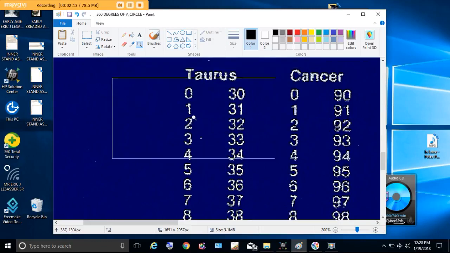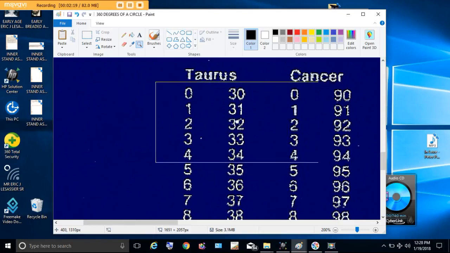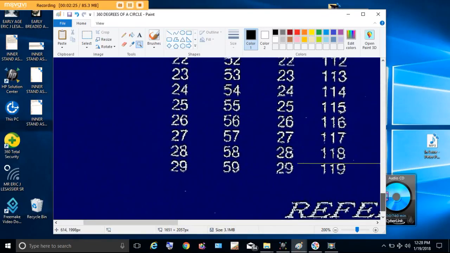So now when we go to 1 degree, it equals 31. We go to 2 degrees, it equals 32, etc., until you get to the 29th degree. And so the 29th degree of Taurus is 59.